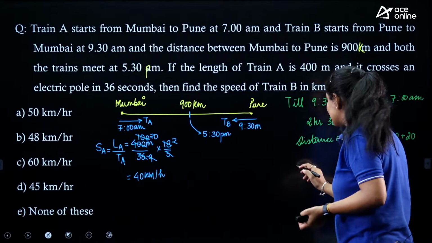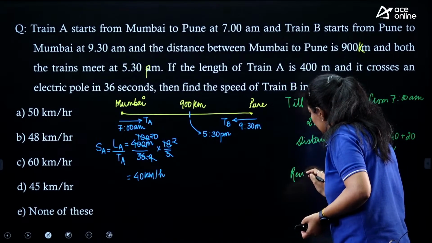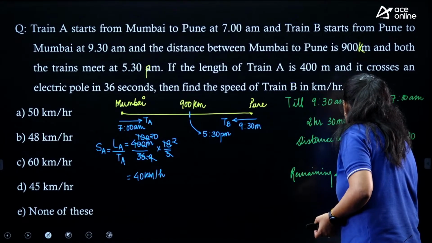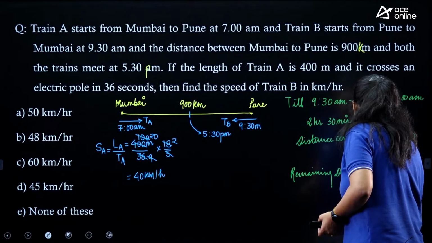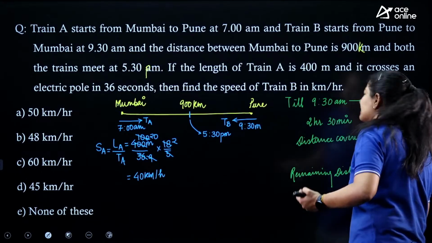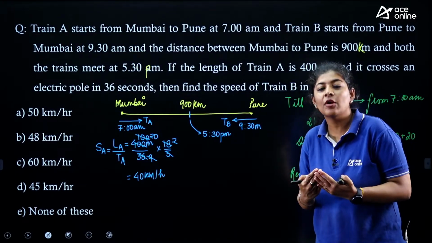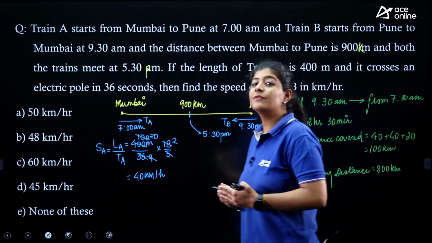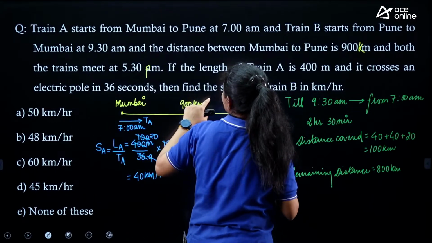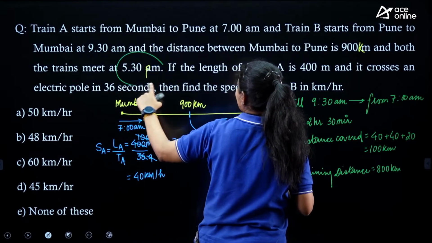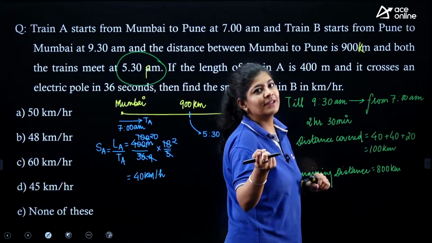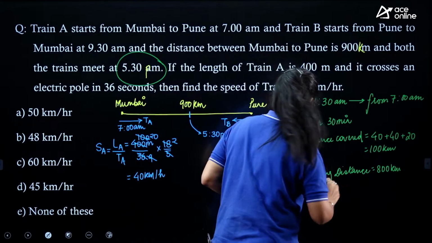The remaining distance that they need to cover is 800 kilometers. That means they are meeting somewhere after that. But we also need to find out the time. As it is mentioned that they are meeting at 5:30 p.m., that means from 9:30 to 5:30 there's a duration of 8 hours.